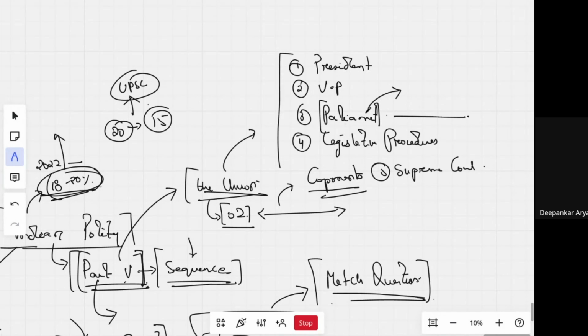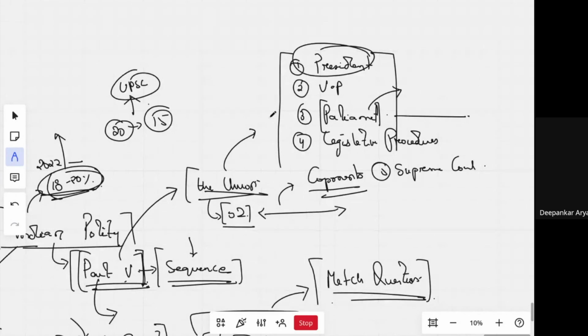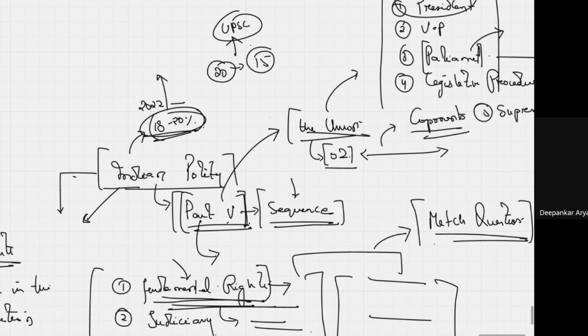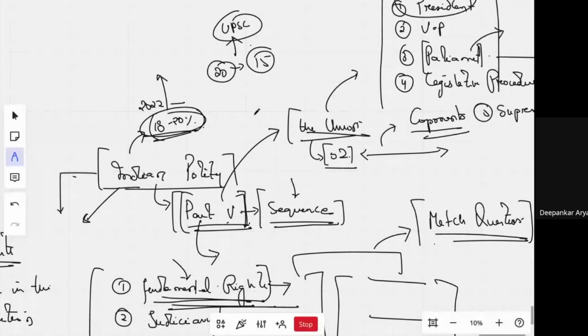We know most of the things. If there's a question like who elects the president, definitely you will say. But there are small gaps which we need to identify while learning Indian polity, and these are some of the ways in which we can improve our learning, because Indian polity is something which most of us have studied. If I ask, all of you will say yes sir, I have studied Indian polity.